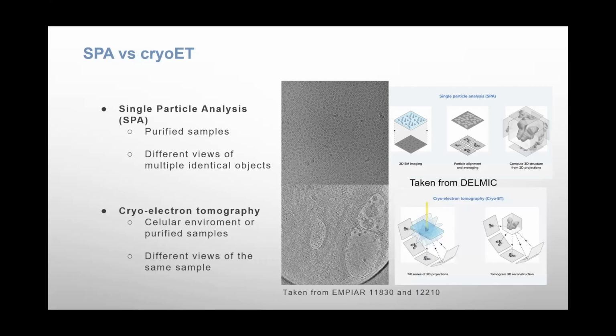But in contrast, in cryo-ET, what we have is richer information, because perhaps we are observing part of the cell in its native state, but we have another limitation in which we have the same sample, but from different points of view. So it implies a limitation, but also richer information.